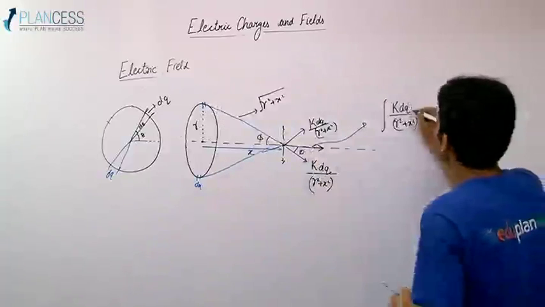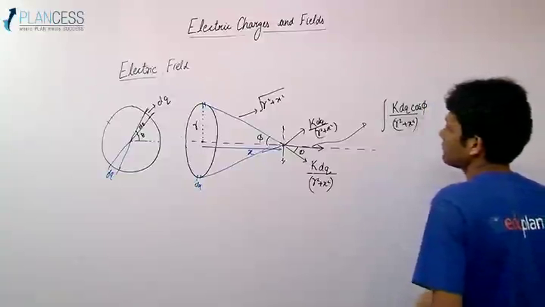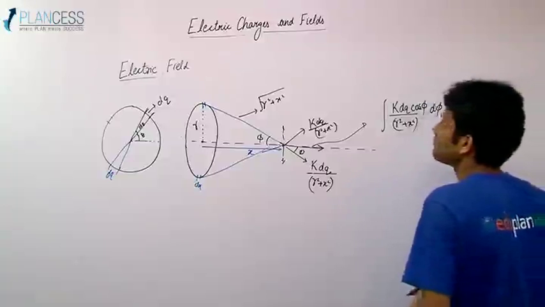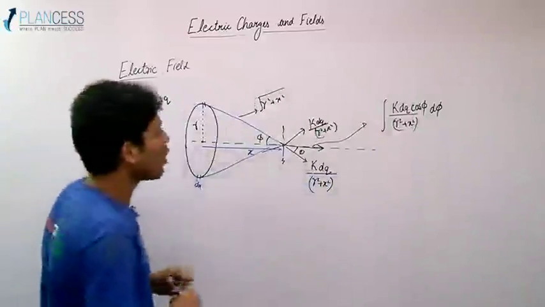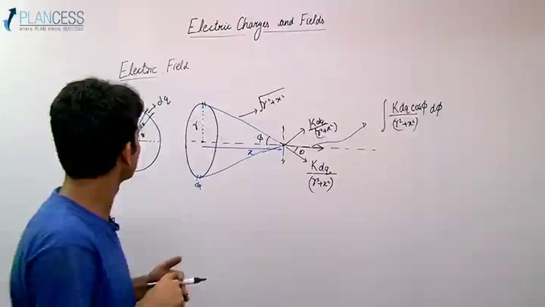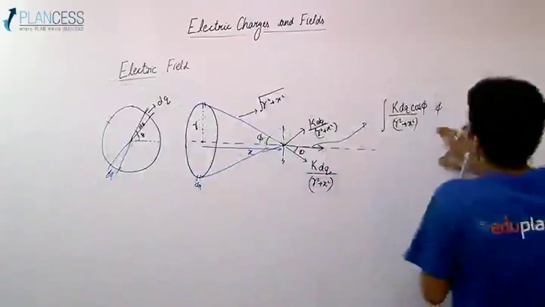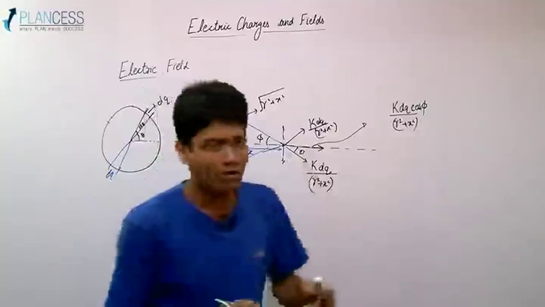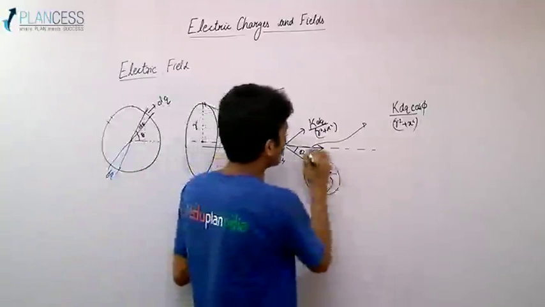So k dq cos phi upon r square plus x square is the component of one of the fields along this direction.